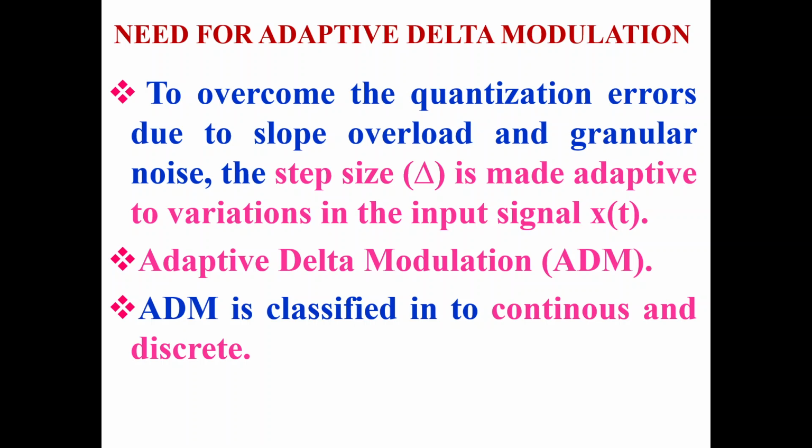It is said to be a continuous ADM when the step size variation is done with a continuous set of values. In discrete ADM, the step size variation is done with a discrete set of values.